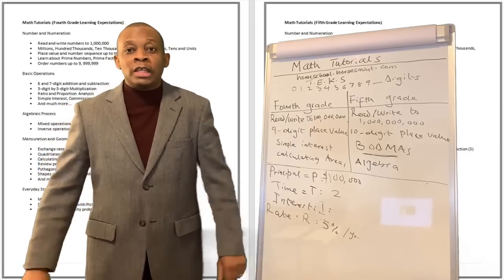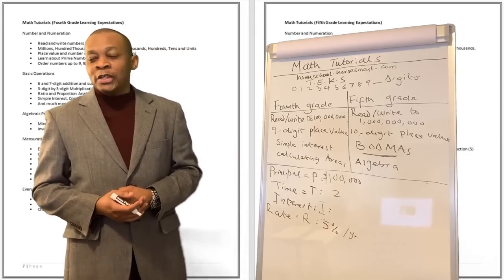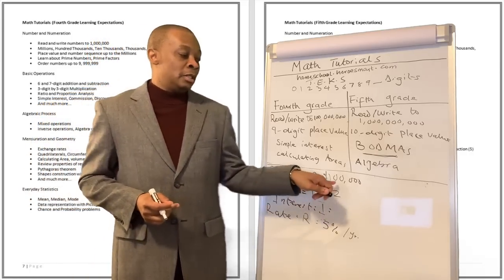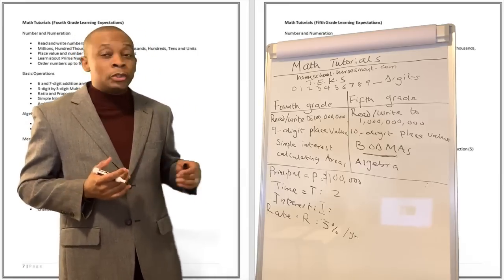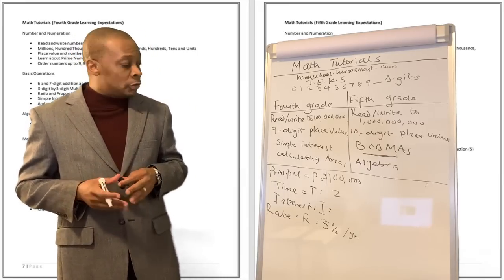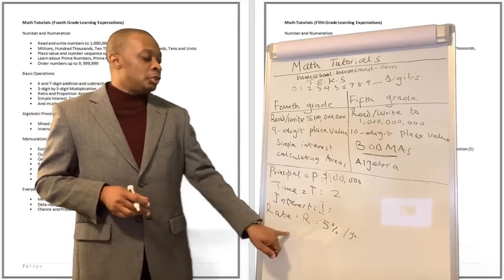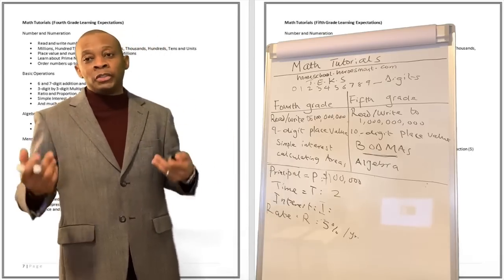Now, the question can come to tell me what my interest is. How much money will I get if I were to loan a bank a principal amount of $100,000 for 2 years at a simple interest rate of 5%?